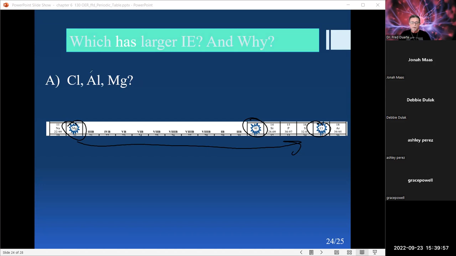But furthermore, guess what? We're comparing two metals with a non-metal. Just that in itself should tell you that the chlorine is going to require more energy to remove an electron than the others, because chlorine wants to gain electrons. And the others are metals that want to give them up.